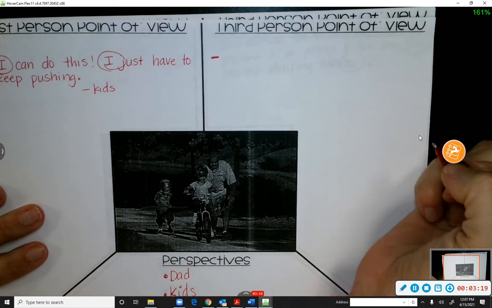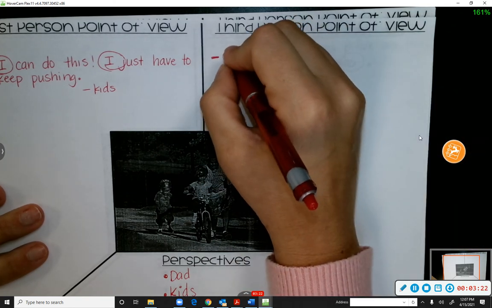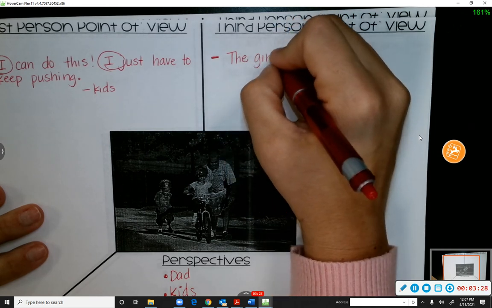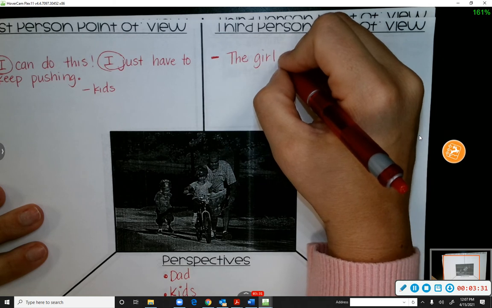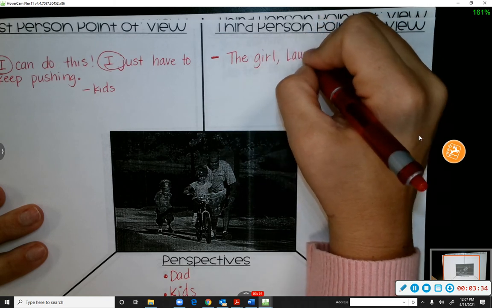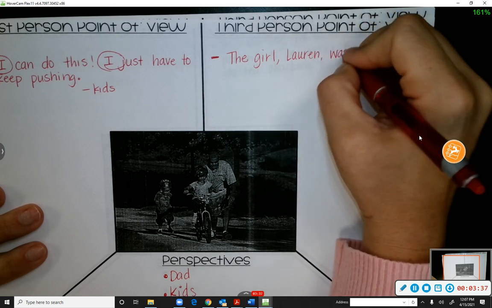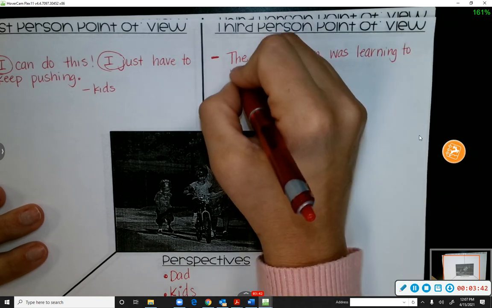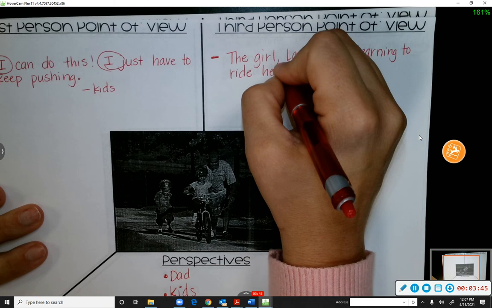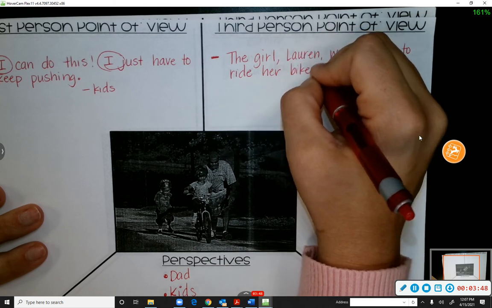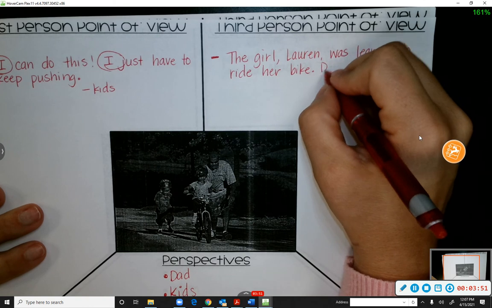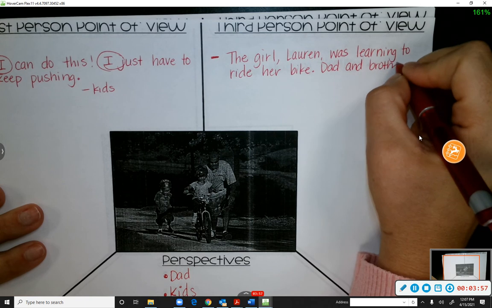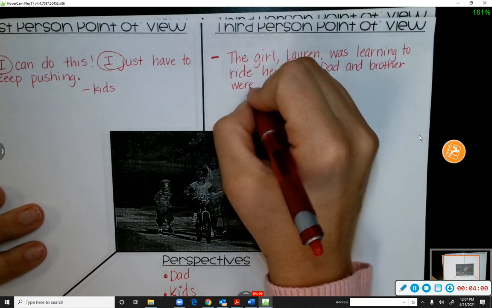So we could say, the girl, Lauren, was learning to ride her bike. Dad and brother were there to cheer her on.